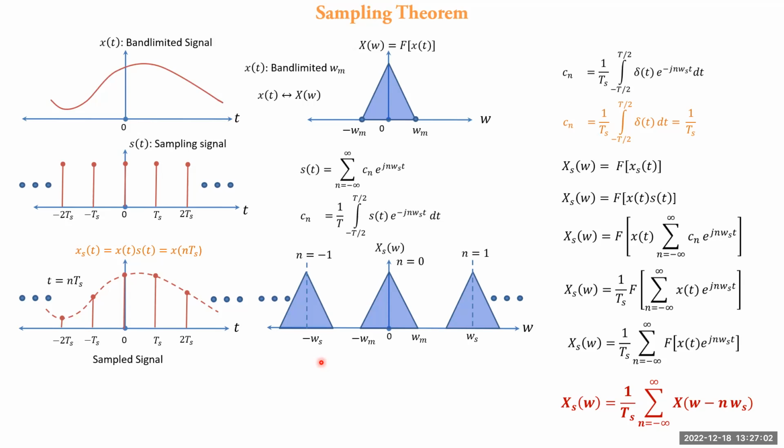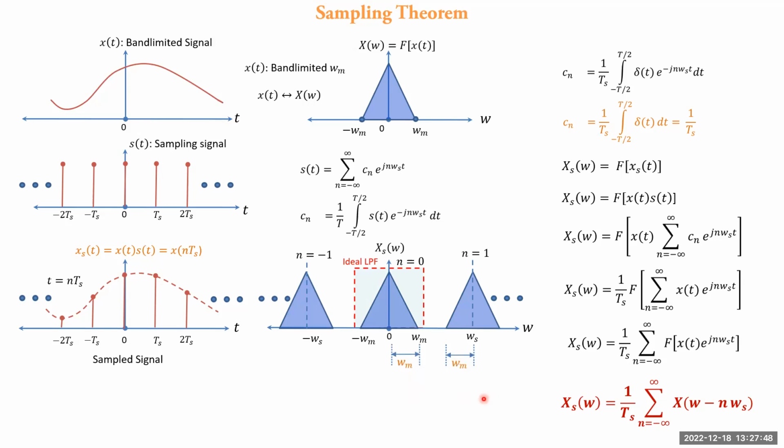Now here we can recover an analog signal if we can recover the spectrum of the original analog signal from the spectrum of the sampled version of the signal, and that is possible by filtering the original spectrum from xs of omega and rejecting the side spectrum of xs of omega. So here we are showing an ideal filter in red color, assuming an ideal filter exists, and a practical filter will be handled very soon.